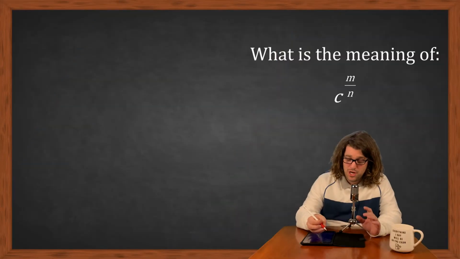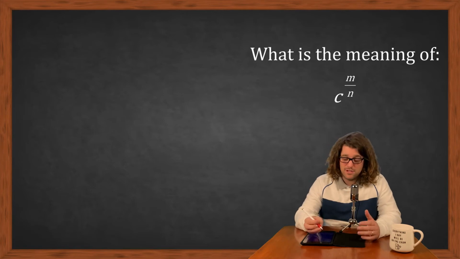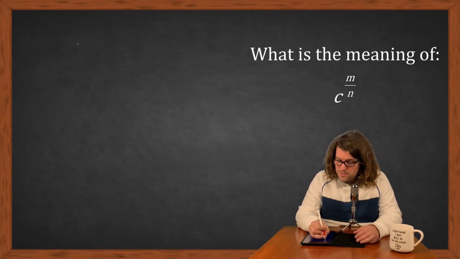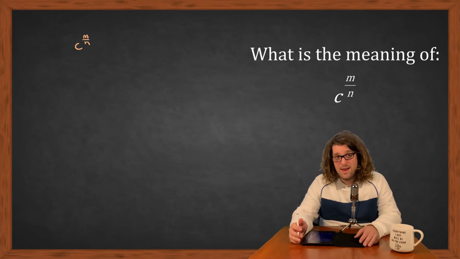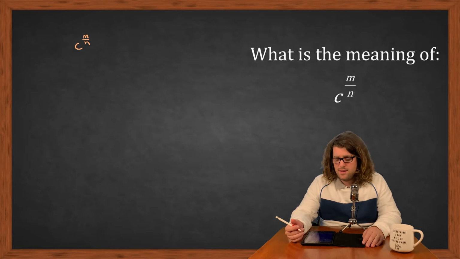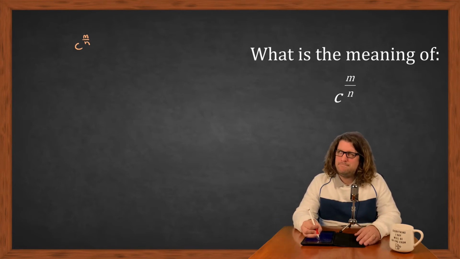All right, so generally, I really like writing things generally. So I am going to write down that this is c to the power of m over n. Since I'm saying that these things have to be positive, what I'm really saying is that m and n are both whole numbers.